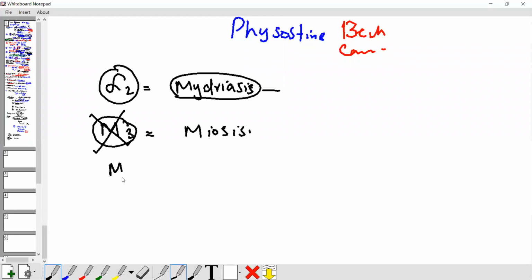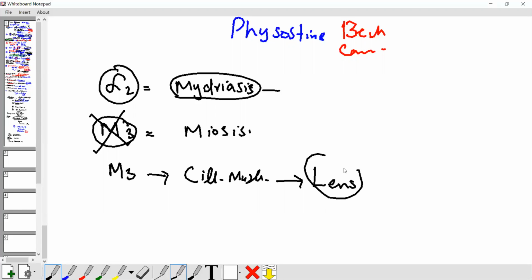Another location of M3: M3 is also present on the ciliary muscle, which controls the lens. Clear? So the parasympathetic system in the eye controls the iris and the lens also.